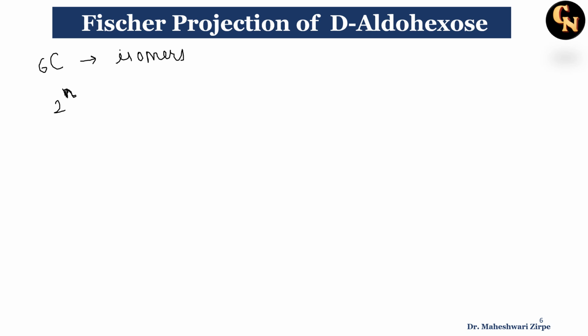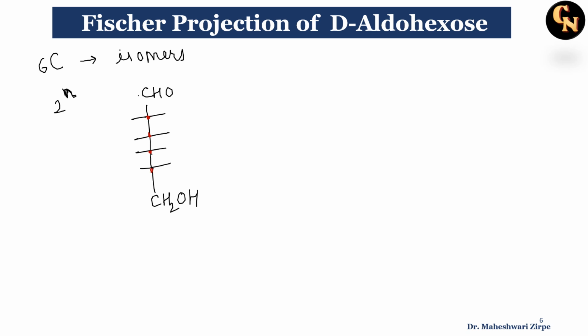And in this 2 raised to n, let me show here before: 1, 2, 3, 4, 5 and last sixth one is CH2OH. So if you try to find out, the chiral centers will be only the middle ones, leaving your first and last carbon.